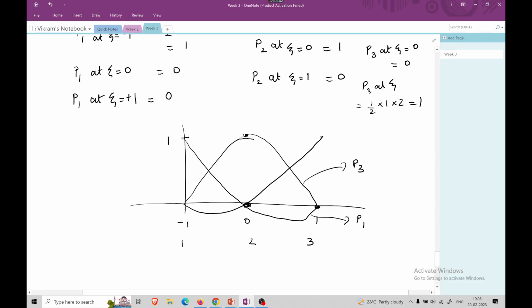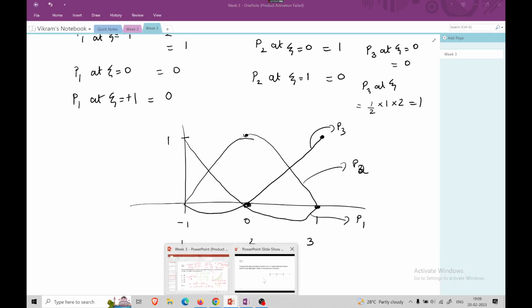At the first point P1 is 1, at the second and third points it is 0. Similarly P2 is 0 at the first and third points and 1 at the second point. P3 is 0 at both the first and second points and it is 1 at the third point. So this is the Lagrangian polynomial.